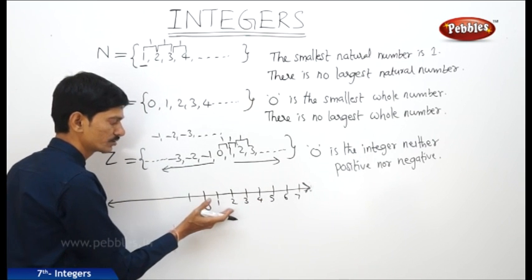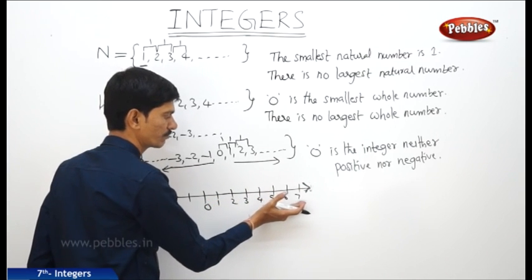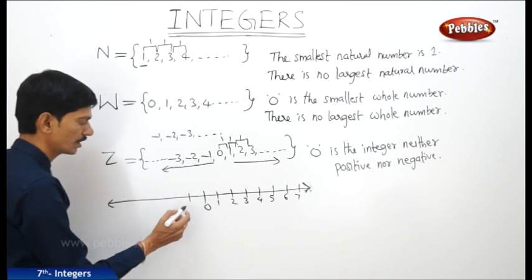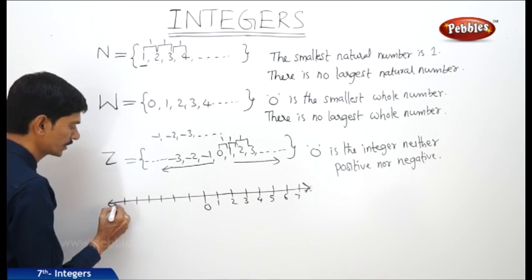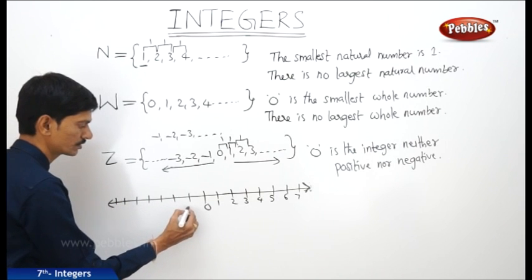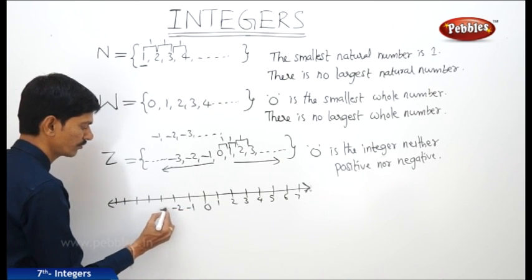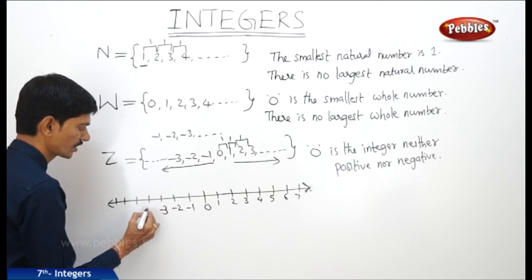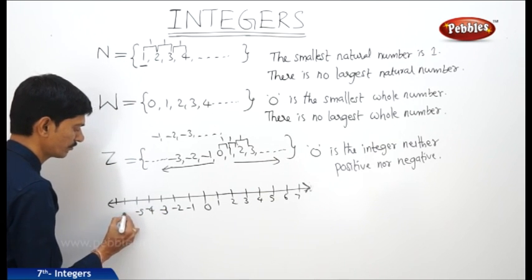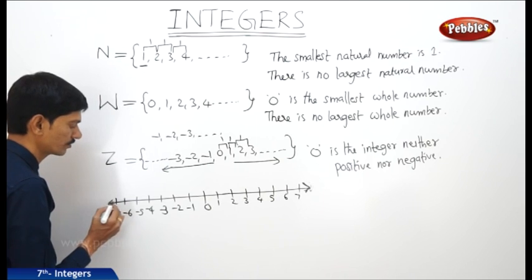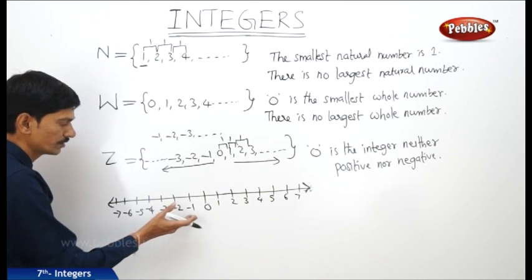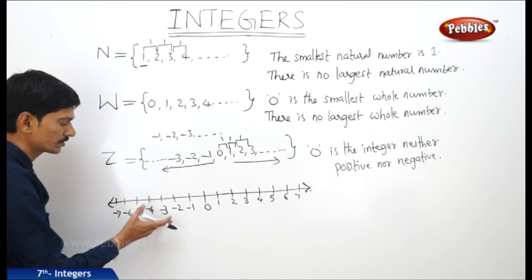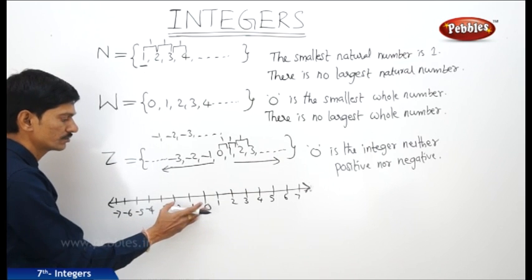So we can write infinite positive numbers to the right of 0, and even to the left of 0 we can write infinite negative integers. So we can write -1, -2, -3, -4, -5, -6, -7, and so on. Here also this arrow mark represents that this number line can be extended indefinitely.